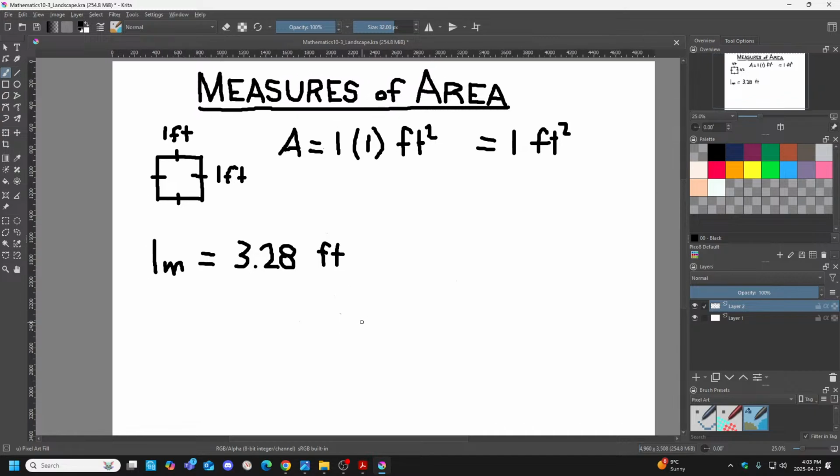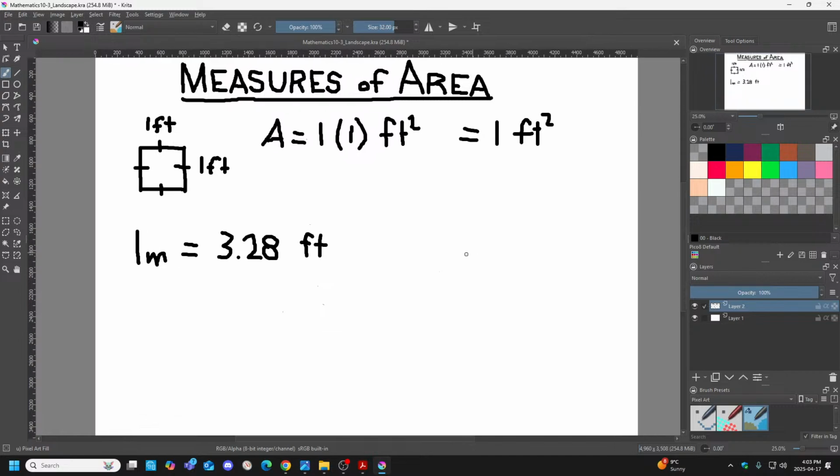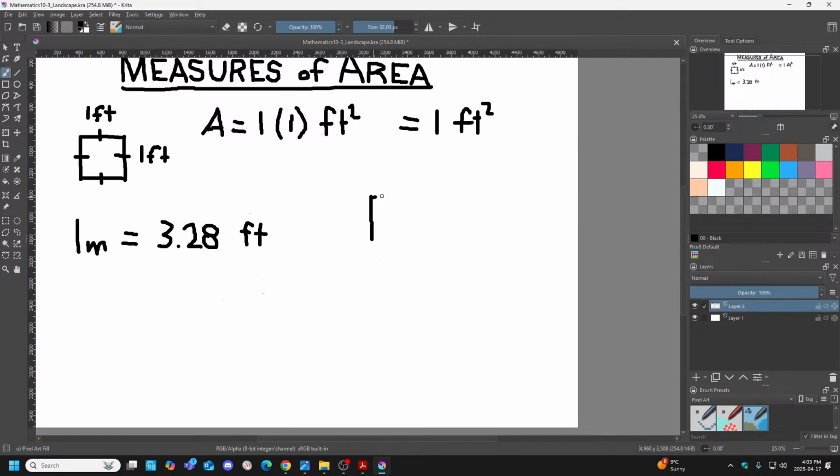3.28 feet. Okay, that's what I'm going to use. All right. Good enough. So if I could draw another diagram here, I guess, if you want another visual. Good enough, close enough. Stop trying to be a perfectionist.